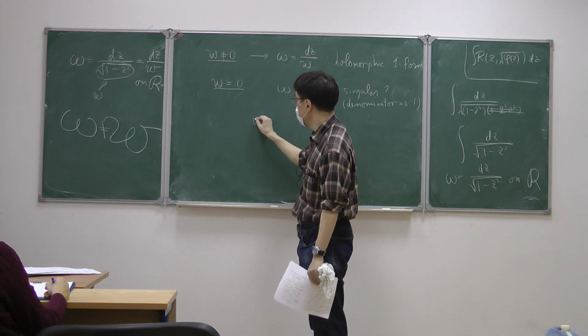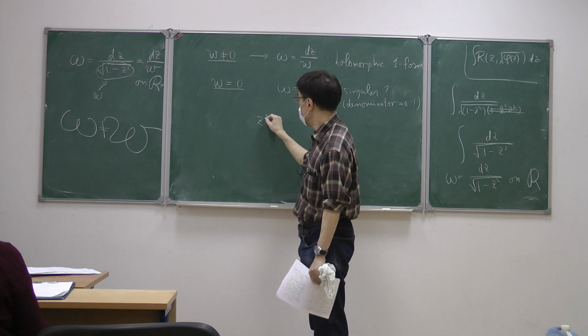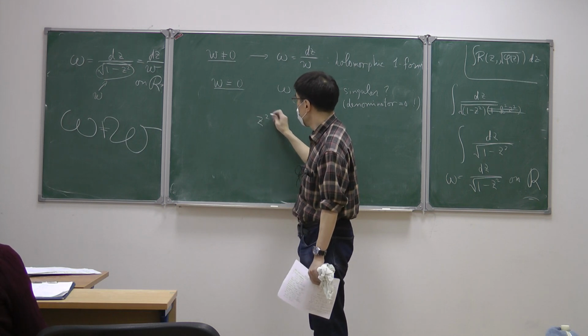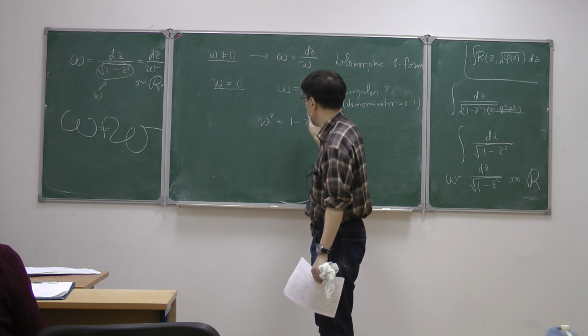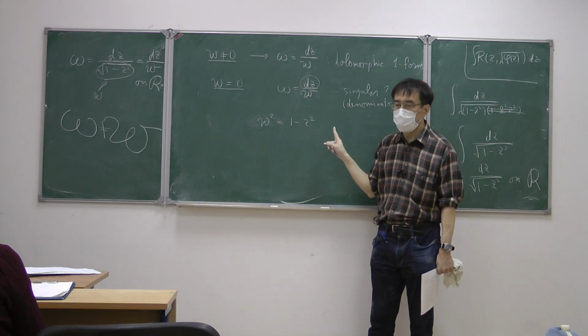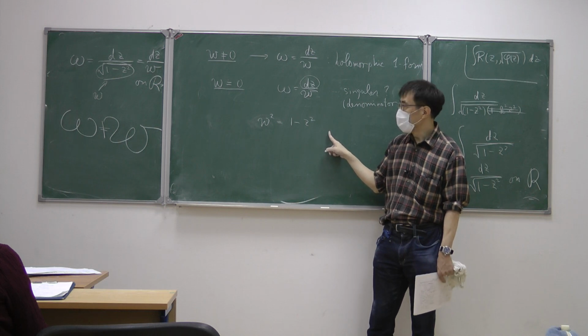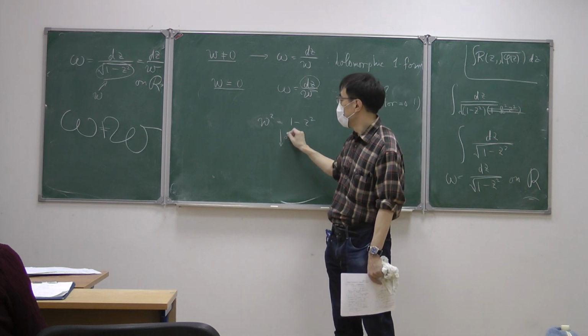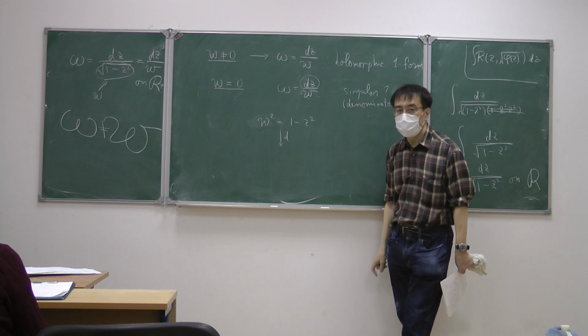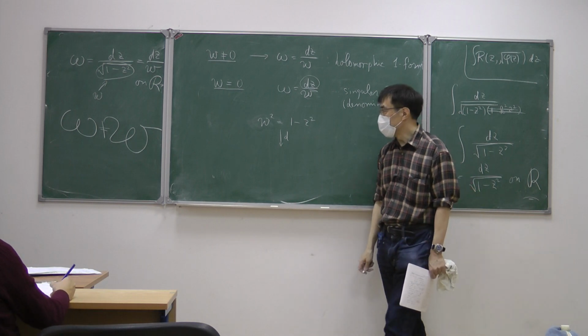Well, we know that w squared is equal to 1 minus z squared. So let's consider the differential of this equation.